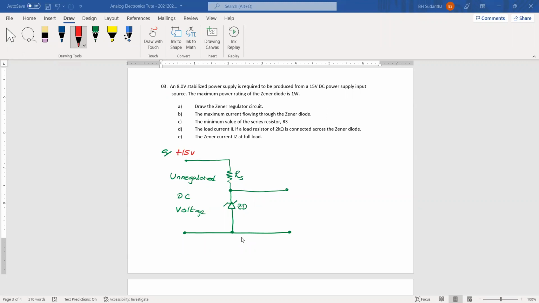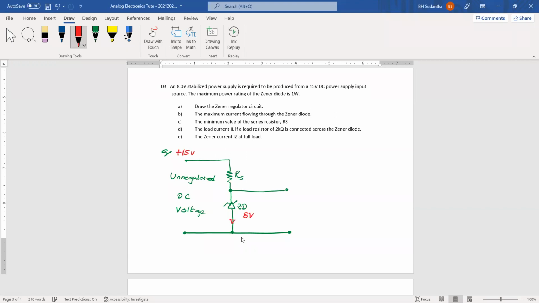Sorry that I was muted when I explained this one. And this is the Zener diode regulator circuit. From this side, we have unregulated DC voltage, 15 volts. Then RS we have to calculate. And this Zener voltage should be 8 volts.